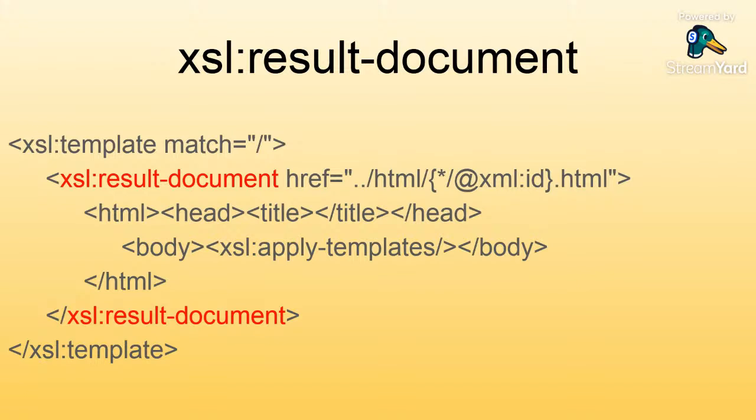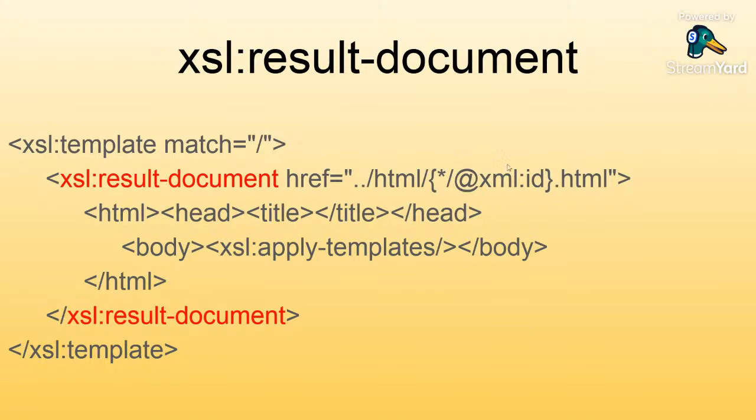If you might want to create more than one HTML file, more than one output file from a single input file, so for every new div element inside this you want to create a new HTML file, then you would need to use result document to create that file. And so you use href to say this is where I want you to put that file and what I want you to name it.